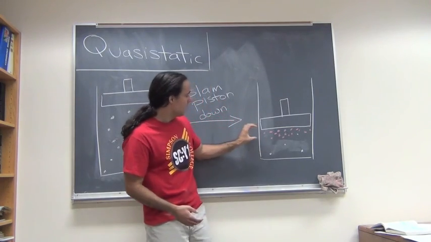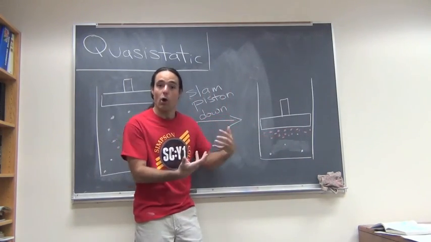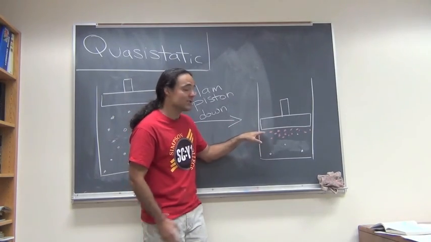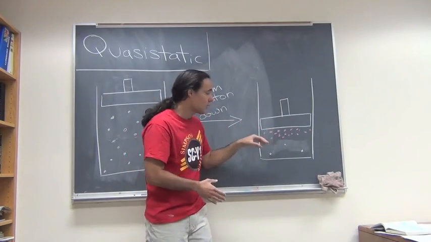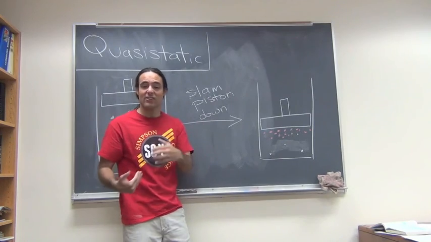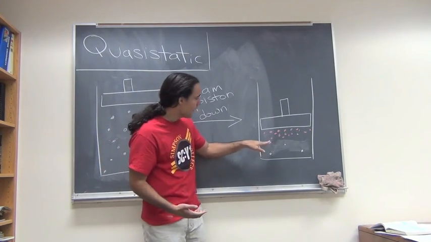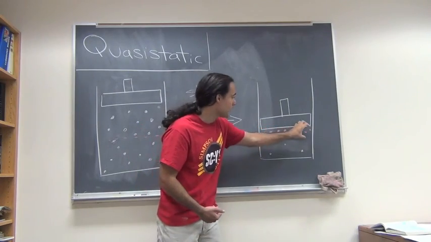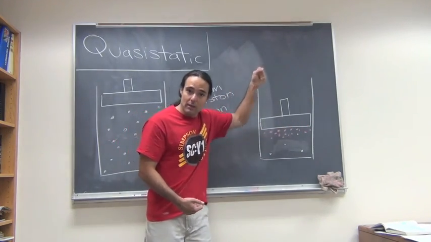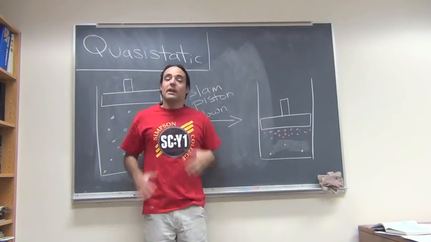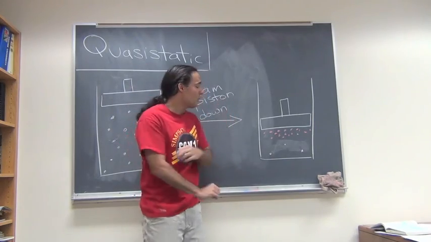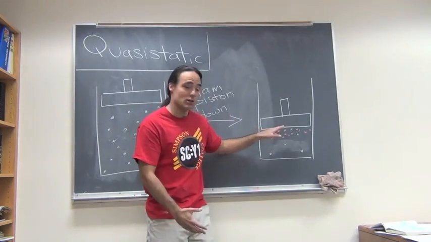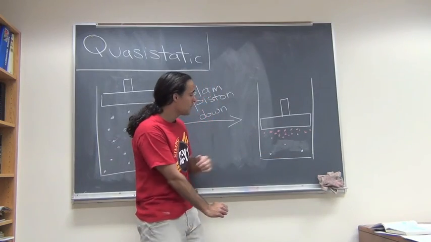You can see the molecules I've drawn in red are all the ones that got hit by the piston. They're all smushed together so that now the density of the gas is not uniform. I have a much larger density of molecules near the surface of the piston because they're basically just getting smushed up against the height of the piston. They're trying to avoid being crushed by the piston, so they're getting pushed down.